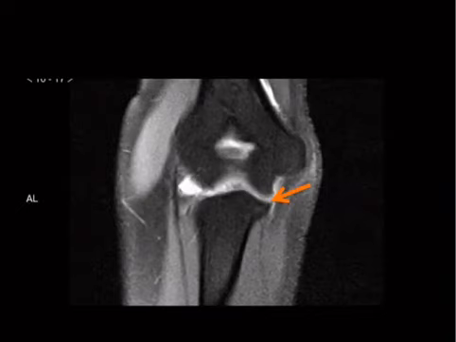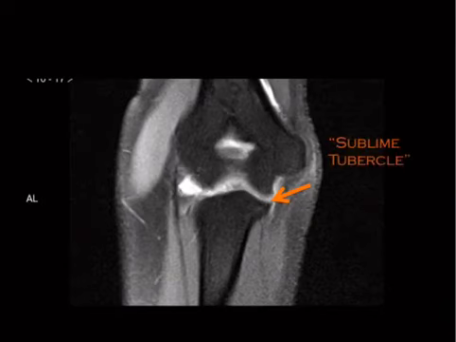The thing with the arrow on it right there has a fancy name, therefore it's subject to multiple choice testing. It's called the sublime tubercle, and that's where the anterior band of the UCL attaches. And when it tears partially, you get a T sign, seen in throwers, valgus overload.